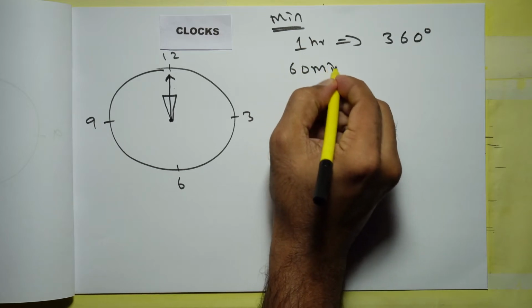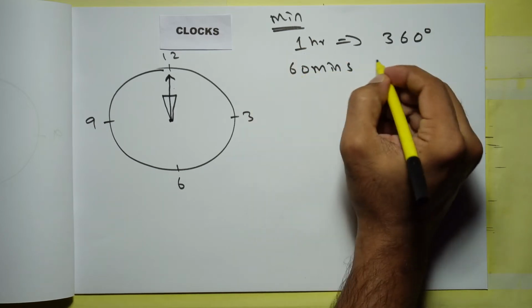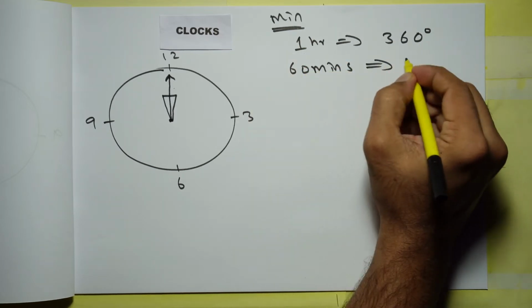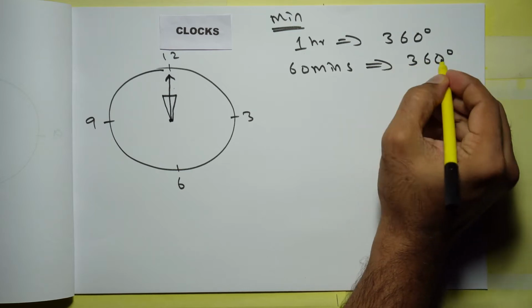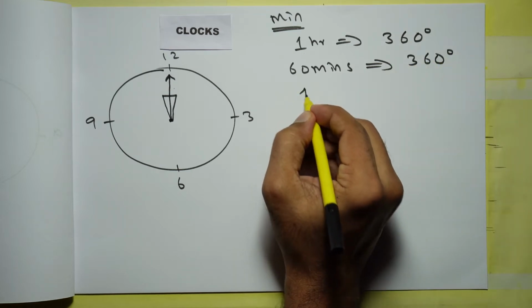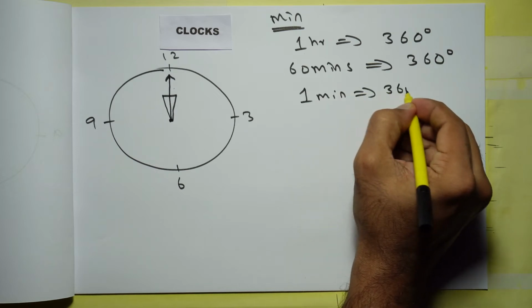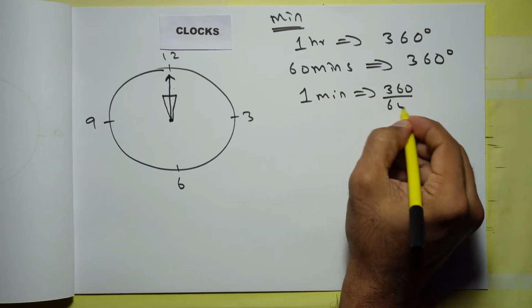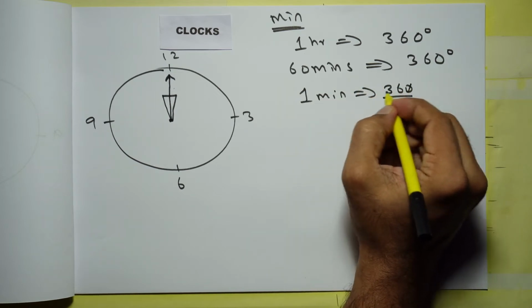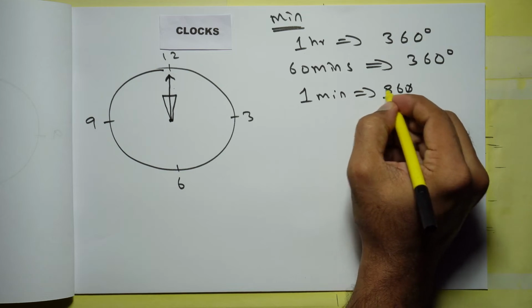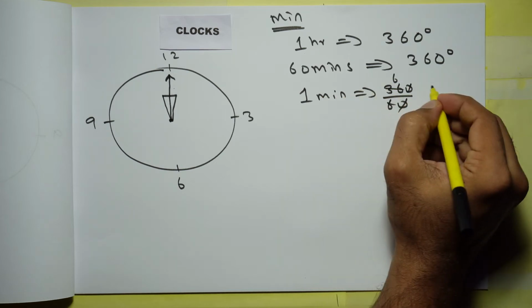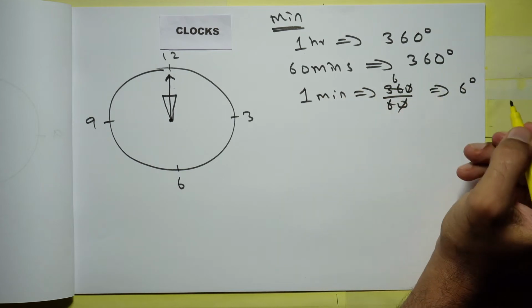So in 60 minutes it will make one full rotation, that is 360 degrees. Which means that in 1 minute it will move 360 by 60. 0 and 0 cancels out. 6 divides 36 6 times. So every minute it will move 6 degrees.